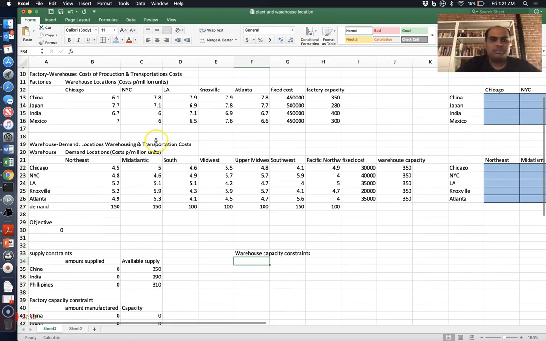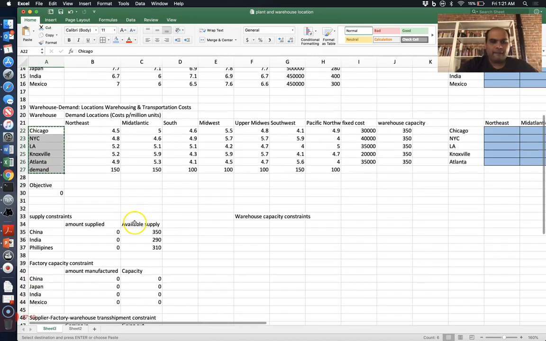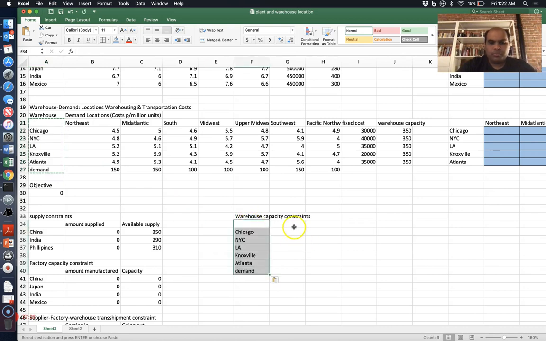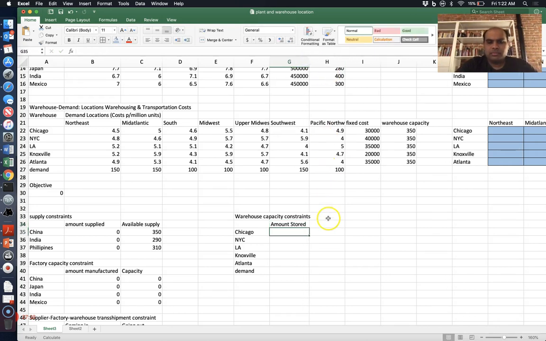So let's pick up the warehouses. So this is where our warehouses are. Amount stored in the warehouses, and this is the capacity available at the warehouse.